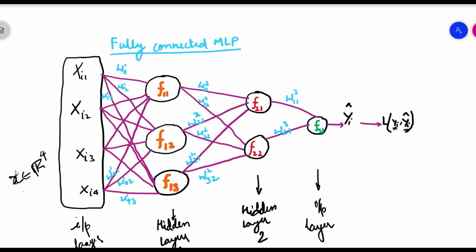The input layer is considered separately from all other layers. So the input layer is called the input layer, and all other layers are numbered in the sequence they fall after the input layer. So the first layer is called hidden layer 1. Between the input and the output layer, all the layers are numbered in the same sequence. There is just one exception, the output layer. The output layer is called the last layer and is numbered in the same sequence it falls after the last hidden layer. So if this is hidden layer 2, this output layer will be called layer 3. Layer 3 or the output layer.